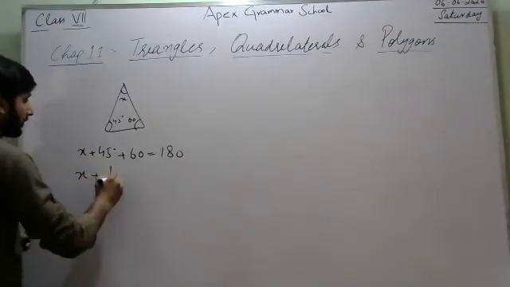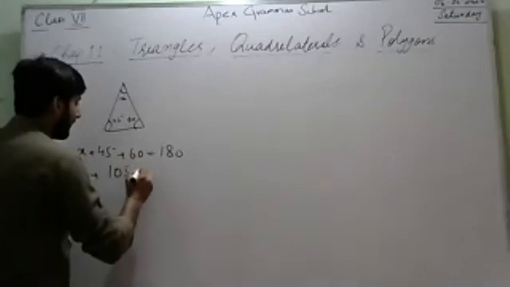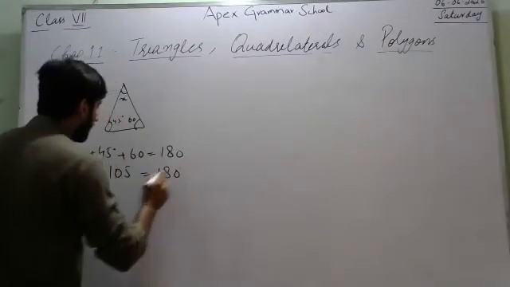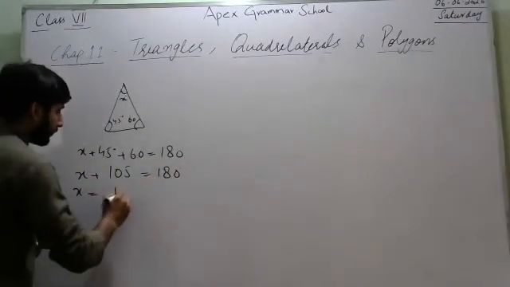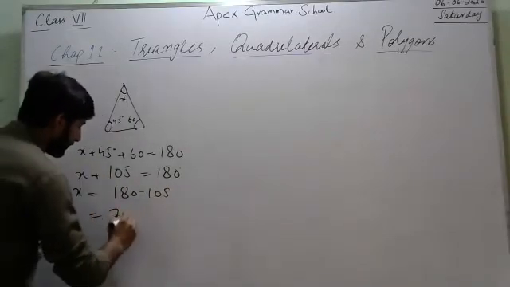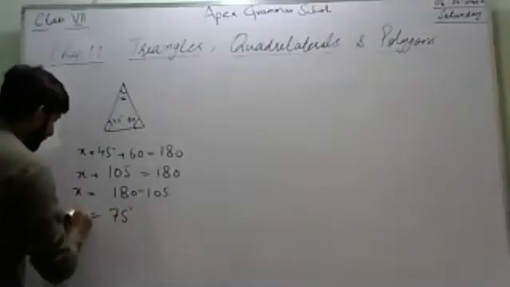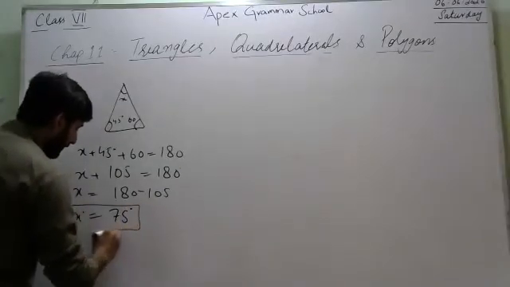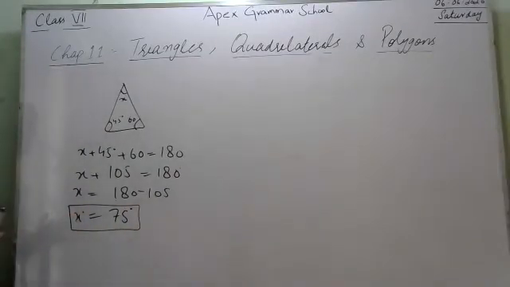X plus 105 degrees equals 180. X equals 180 minus 105. X equals 75 degrees. This is for when two interior angles are given and you have to find the third interior angle.